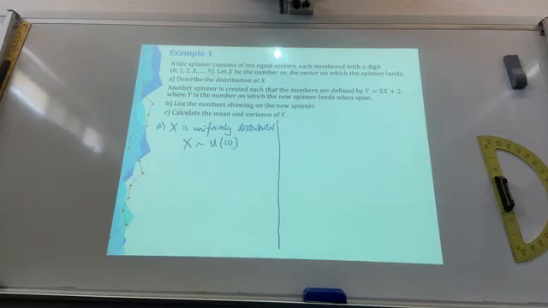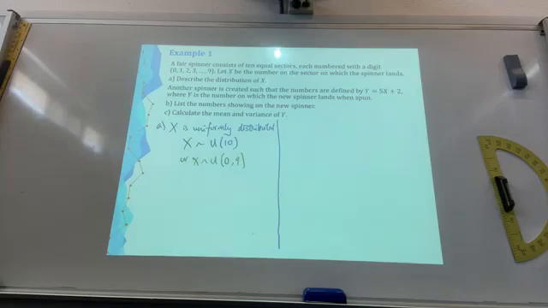We can write x is uniformly distributed, with 10 elements in there, or if you like, you can write it the other way. I prefer the first way. You have to describe it as uniformly distributed. That's all you need to do.